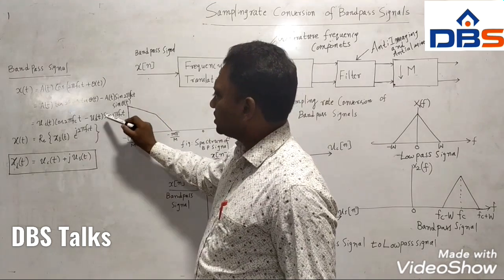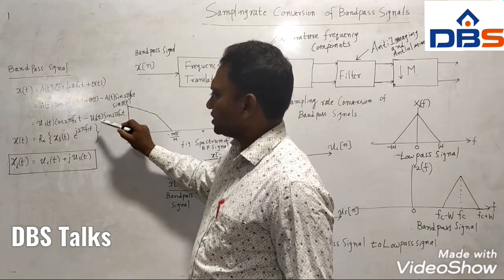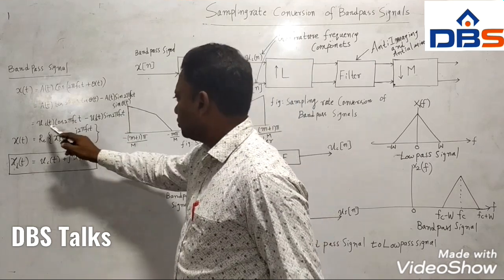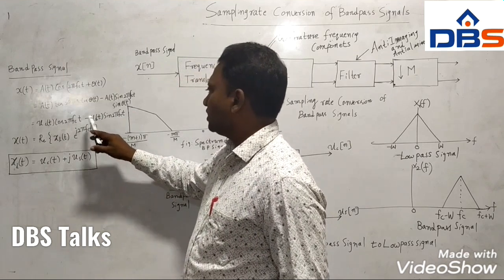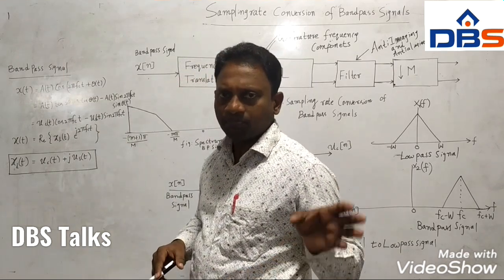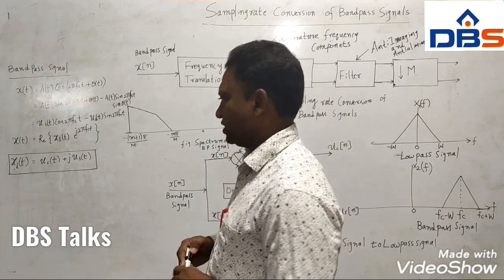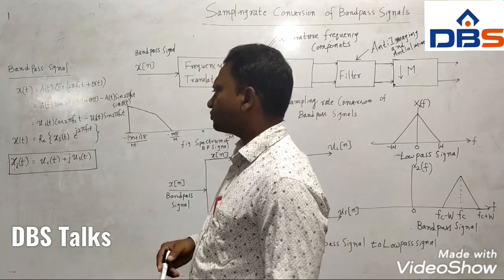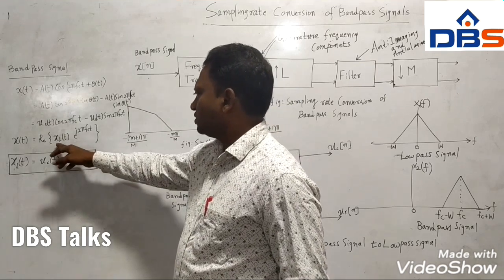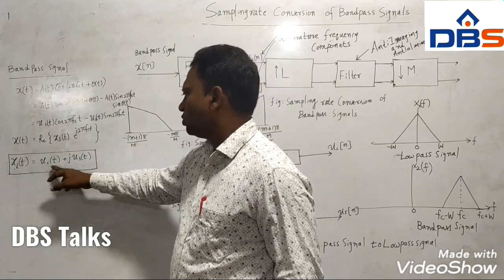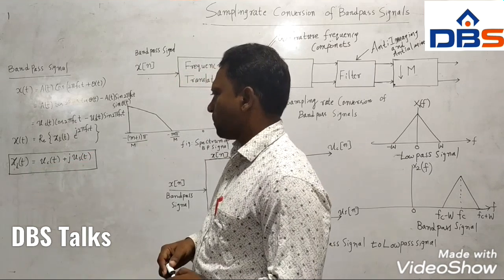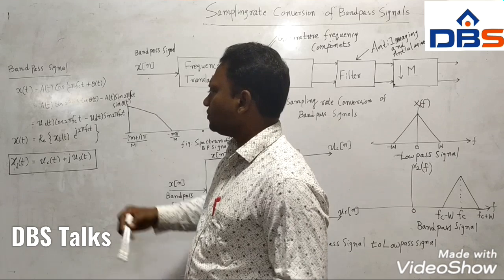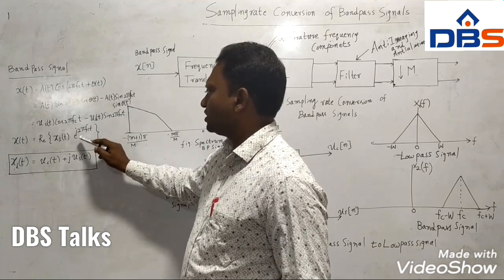This is a representation of the signal in the form of quadrature components, Uc(t) and Us(t). Now this can be written as the real part of XL(t), where XL(t) equals Uc(t) plus j Us(t). This is the low pass representation of the signal.